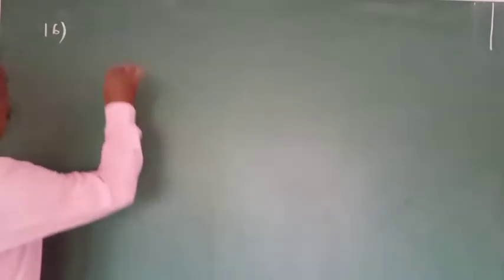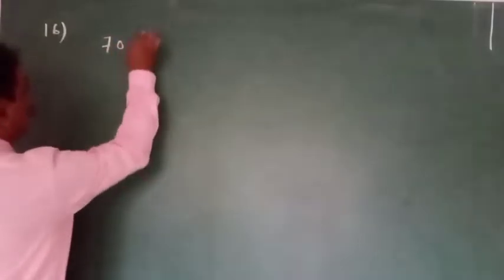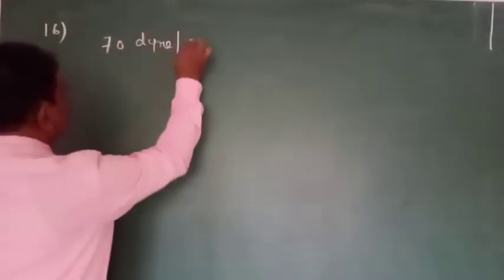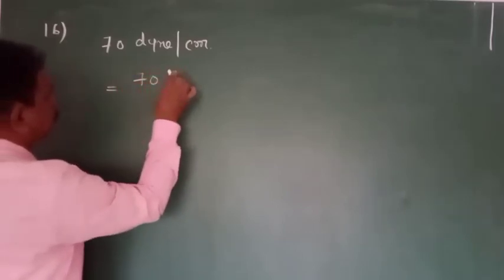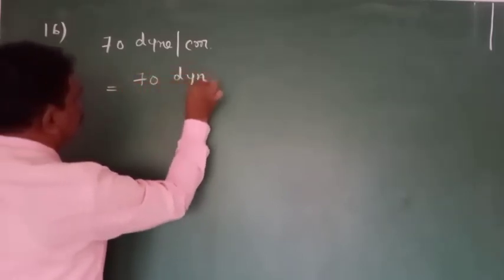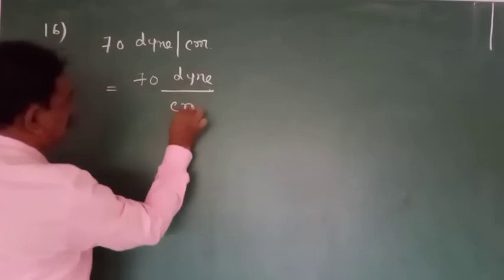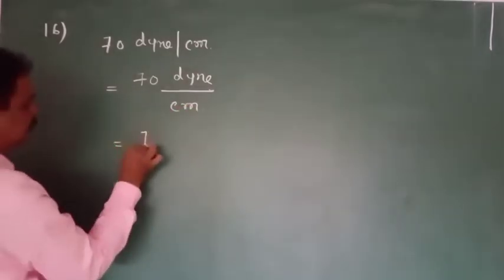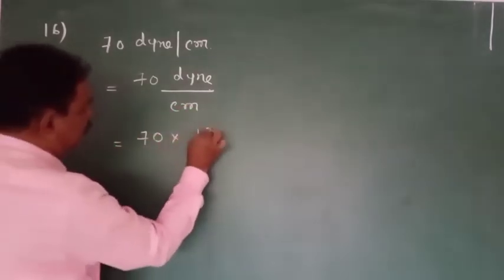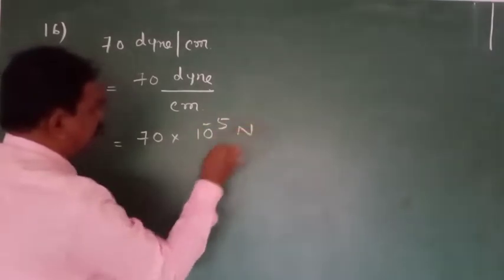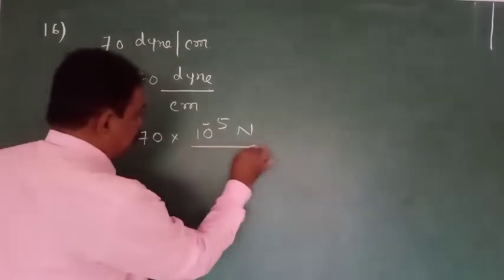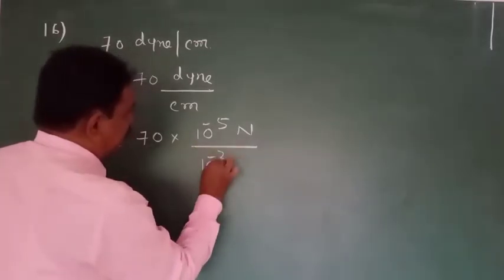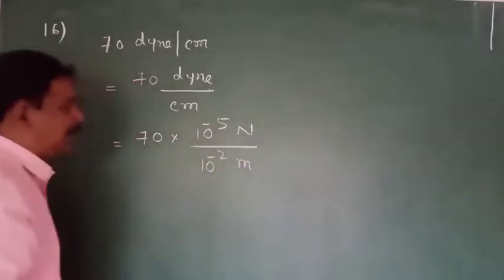So, 70 dyne per centimeter. This is nothing but 70 dyne divided by centimeter. 1 dyne means 10 power minus 5 newtons. 1 centimeter means 10 power minus 2 meters.